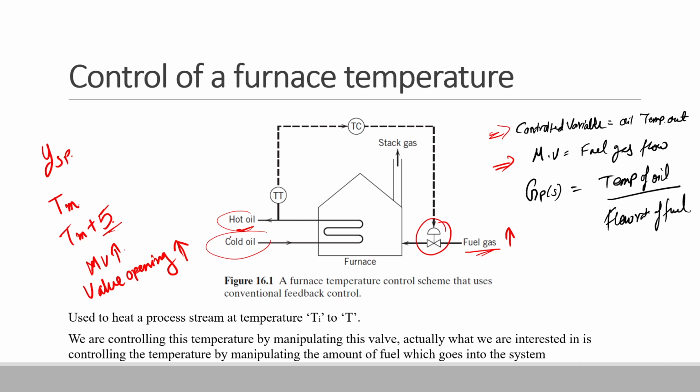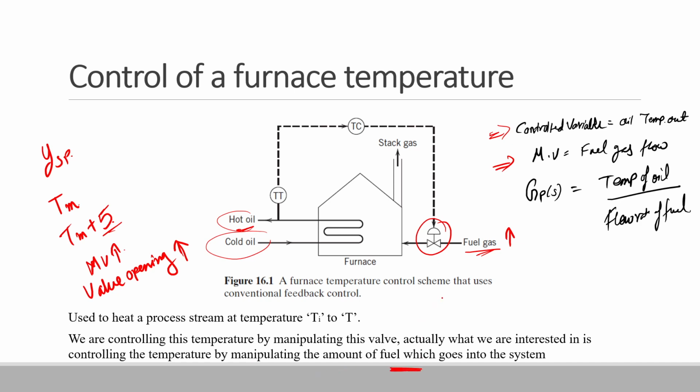So that is achieved using this conventional control diagram. Over here you can see that when we are controlling the temperature by manipulating this valve, we are simply manipulating the opening, and by manipulating the opening, ultimately we are controlling the fuel that goes into the system.